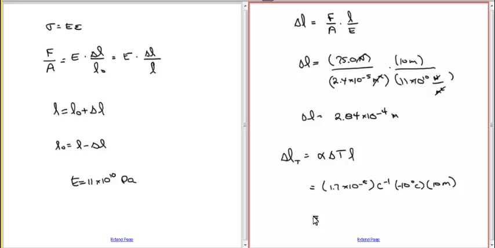So we take 1.7 times 10 to the minus fifth times negative 10 times 10 meters, and we get delta L due to the temperature is 1.7 times 10 to the minus 3 meters.